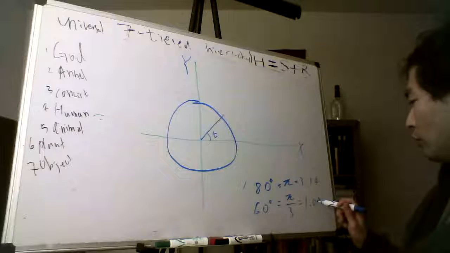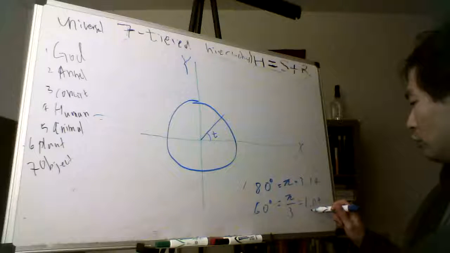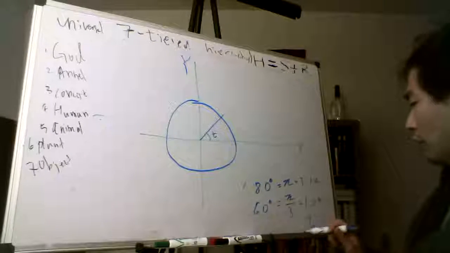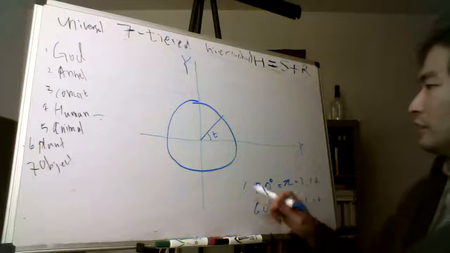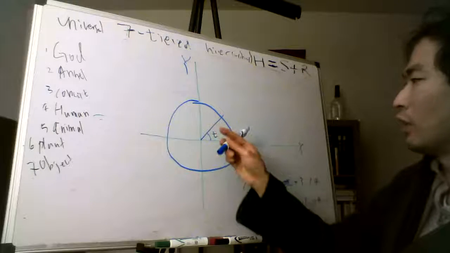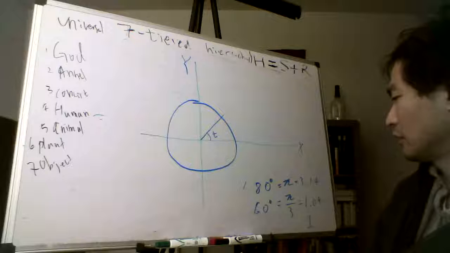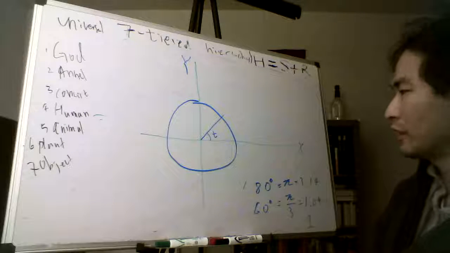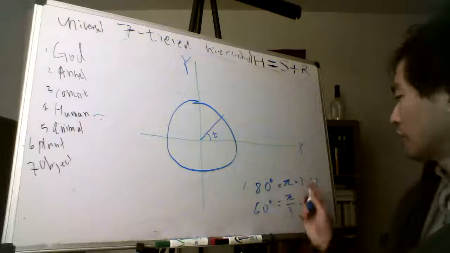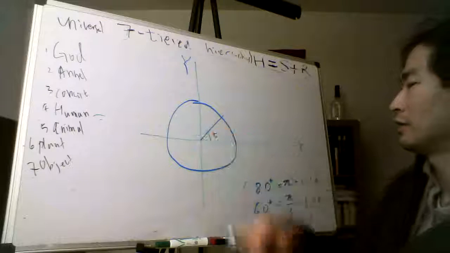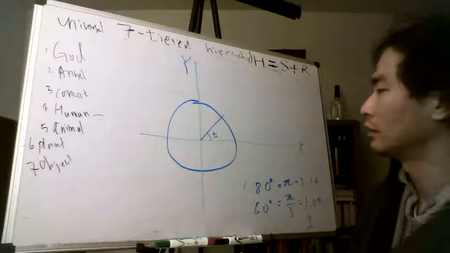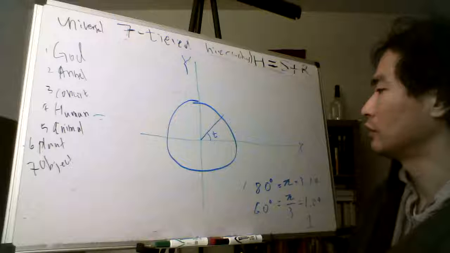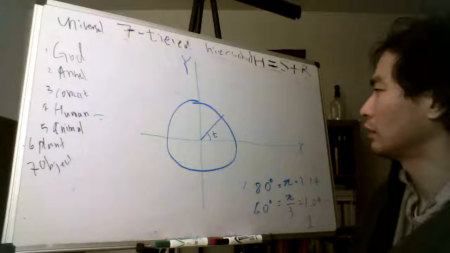And if you go to 1 radian, it becomes less than 60 degrees. So 1 radian is less than 60 degrees. Radian 3 is less than 180 degrees. Anyway, so you have time 1 here.